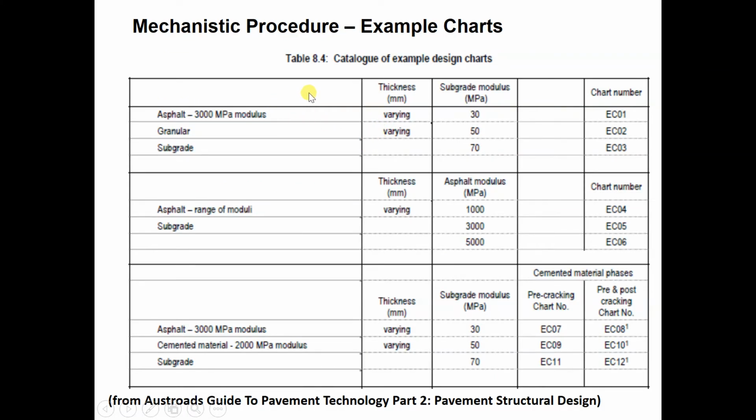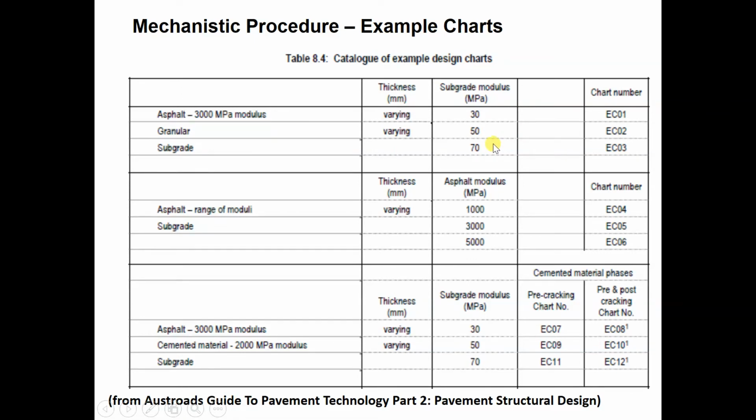In the mechanistic procedure, you have to input the thickness. You try a thickness, and then the subgrade modulus.